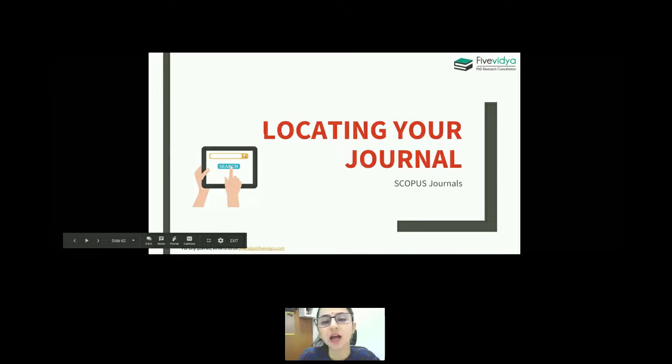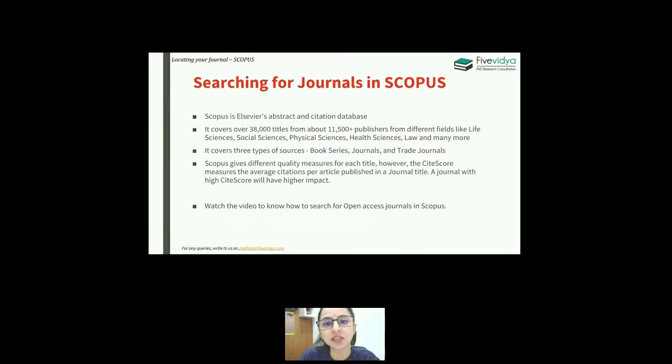Moving ahead with how you can locate your journal in Scopus journals. Till now we are done with SCI and SSCI journals. Now I will tell you how you can locate your journal for Scopus. For example, you can take Elsevier's Scopus abstract and citation database.